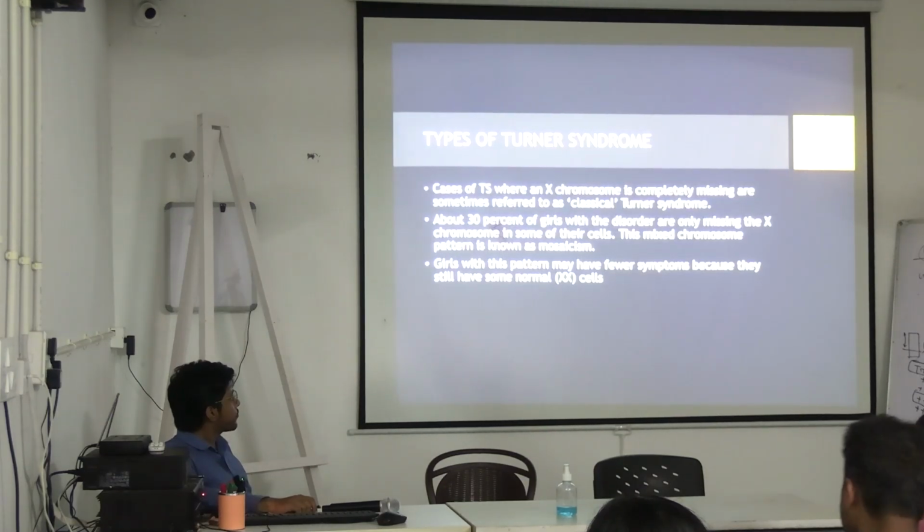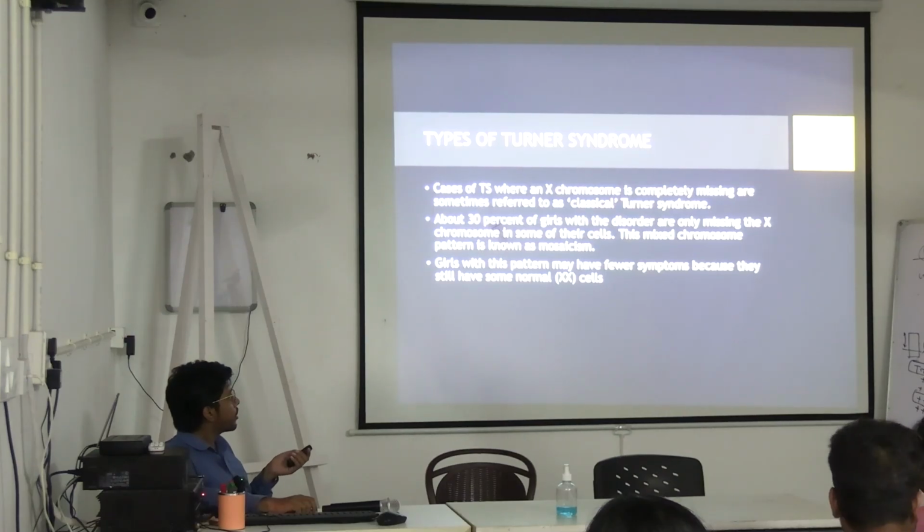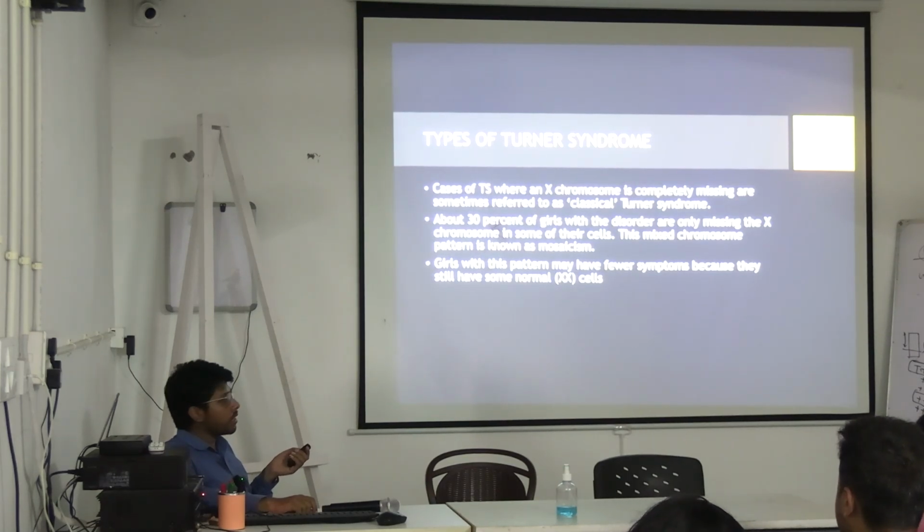Now, types. Cases of Turner syndrome where an X chromosome is completely missing, that is 45XO, that is called classical Turner syndrome, and 30% cases are only missing the X chromosome in some of the cells.